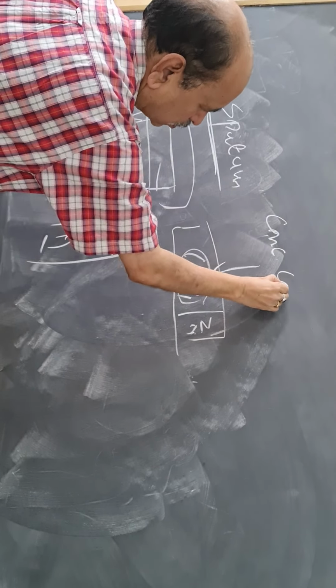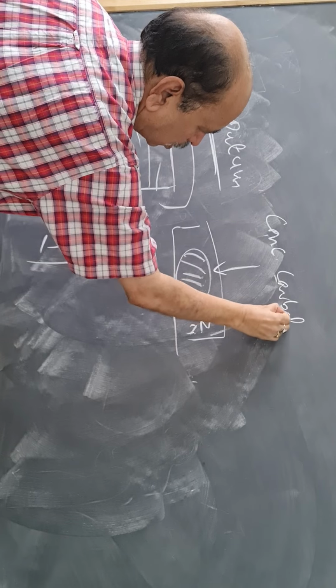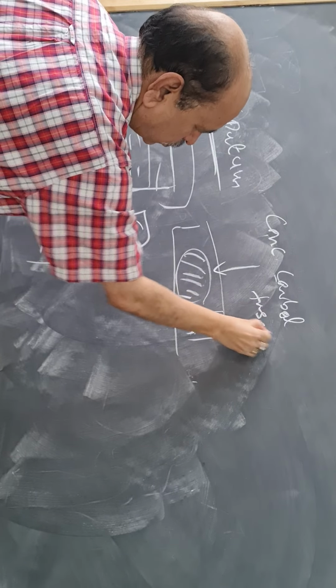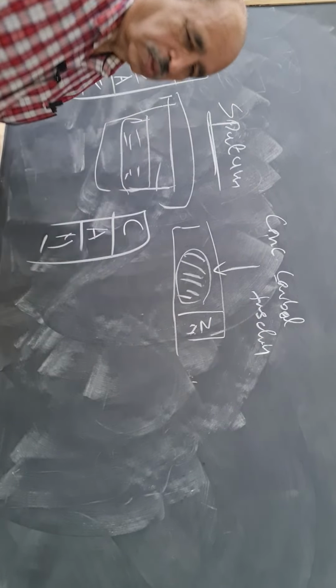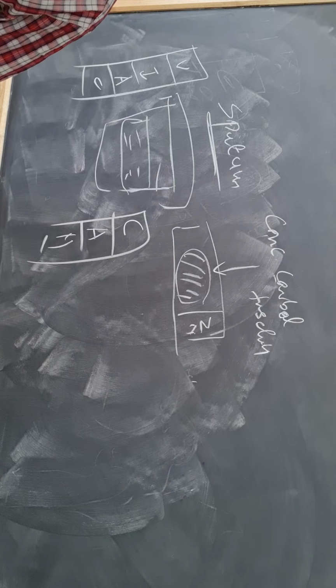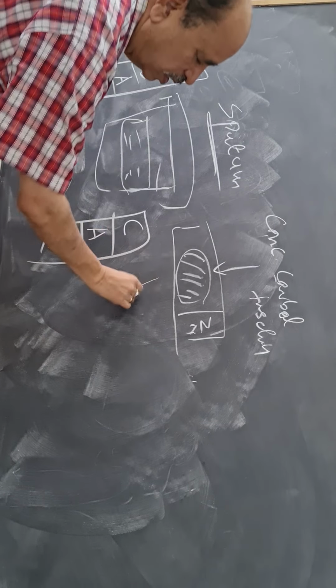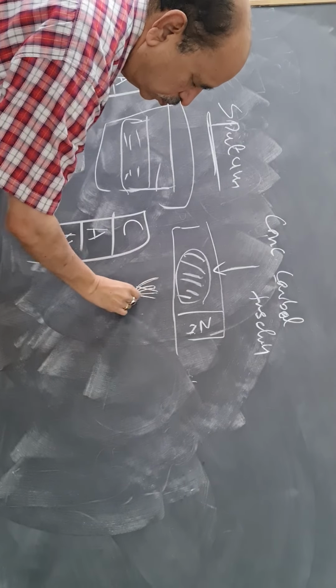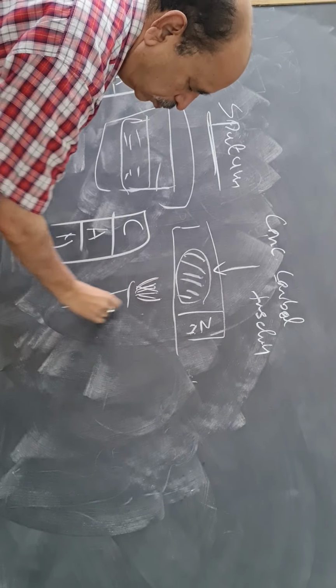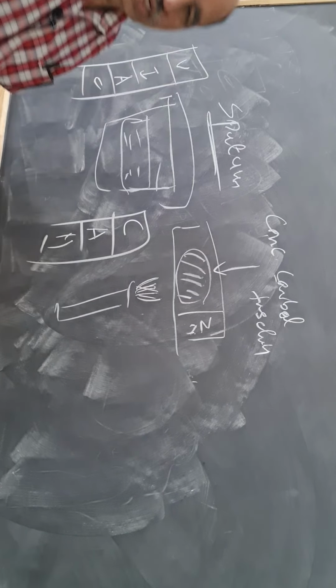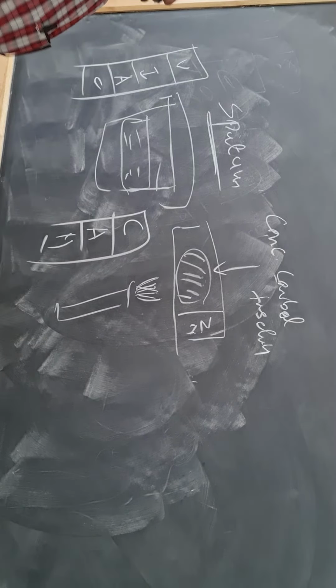You cover the smear with concentrated carbol fuchsin. Heat it intermittently for 5 to 7 minutes.